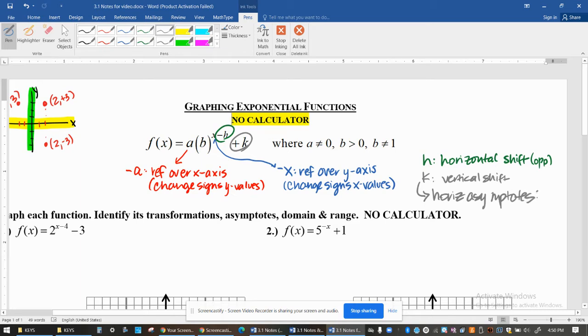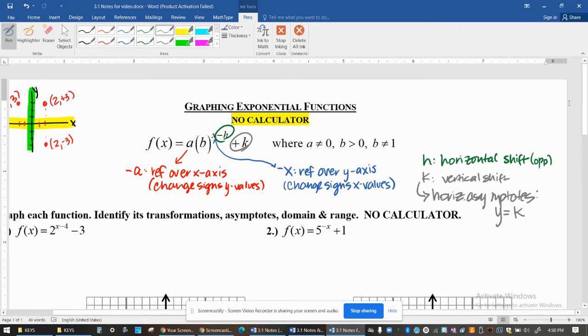They're just represented with a dashed line, and your function always approaches it but will never intersect it. So horizontal asymptotes always depend on that value. So horizontal lines always start with y equals, and then k, whatever number you have for k, your vertical shift. That's going to be your horizontal asymptote.